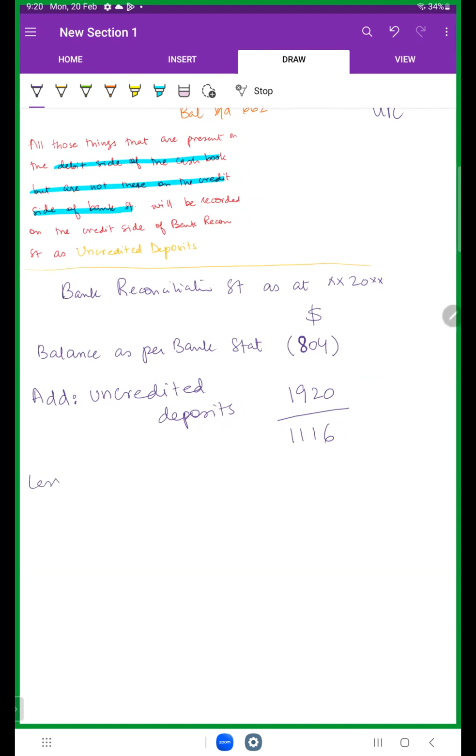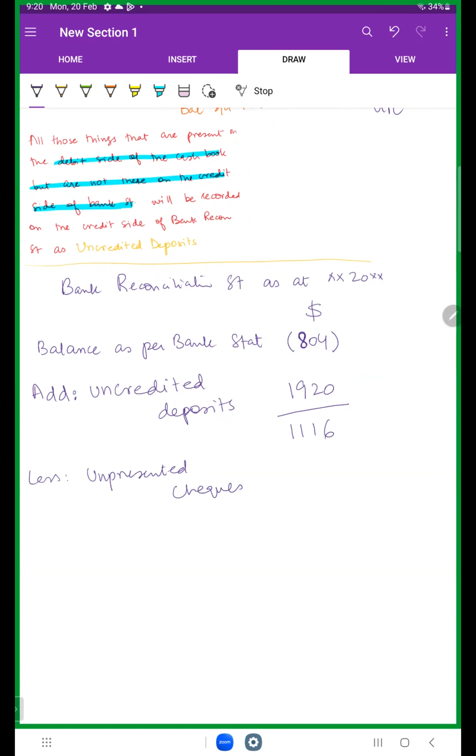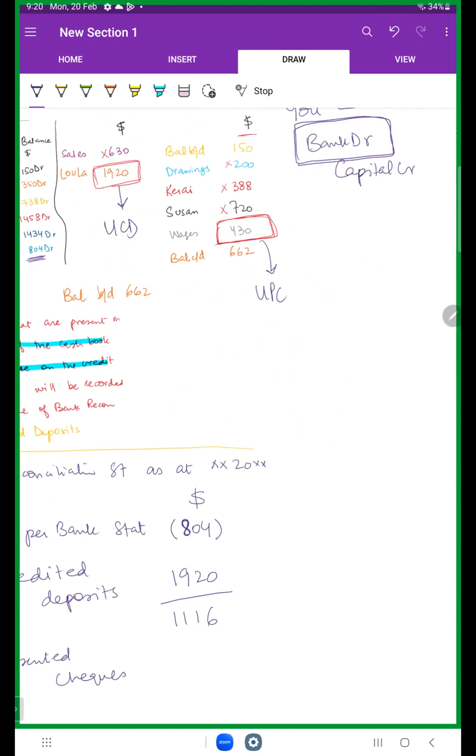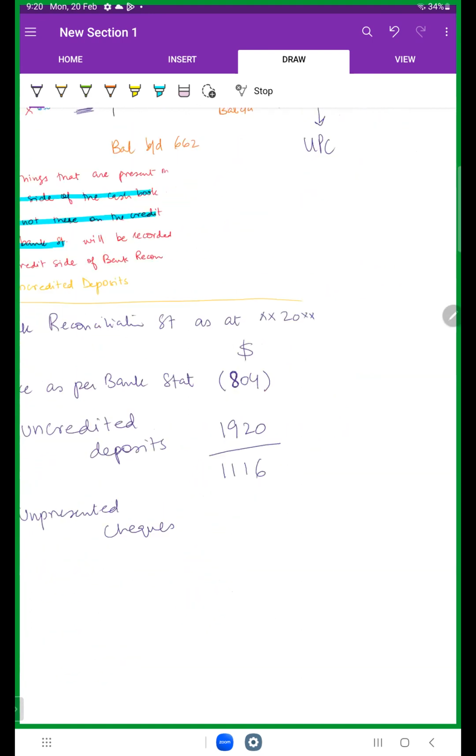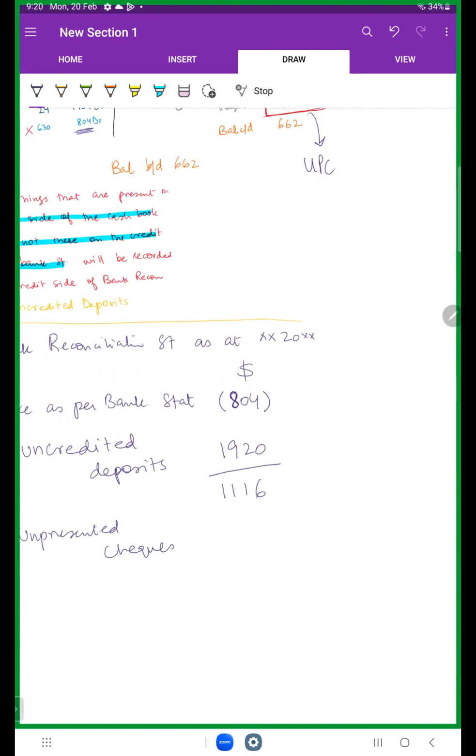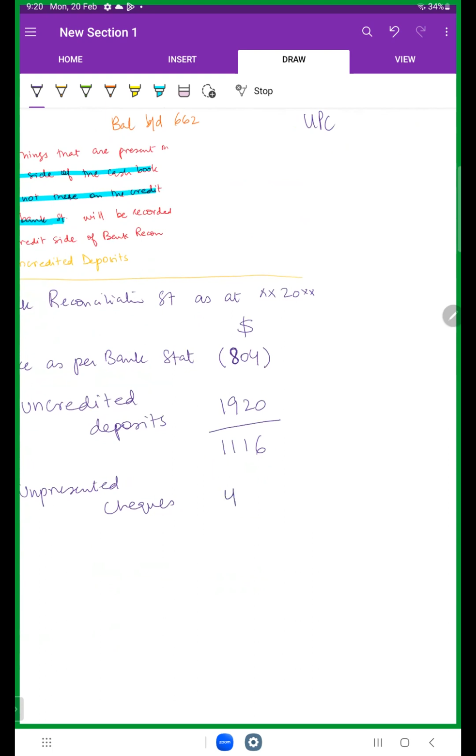And now less unpresented checks that are 430, right? You can also use the word wages because the reason for 430 is wages, but it's fine if you write unpresented checks, okay? What is the value that I'm getting? 1116 minus 430, which is 686.